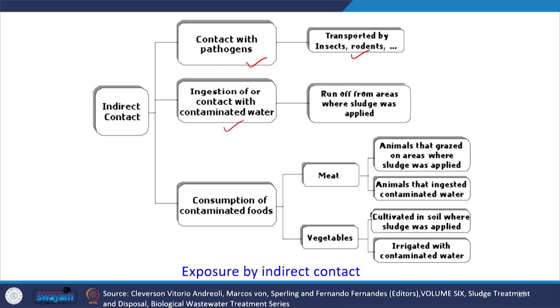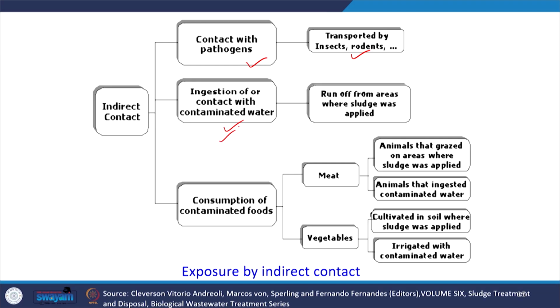Then ingestion of or contact with contaminated water. So, runoff from areas, so if sludge is applied to some soil and rain happens or some water is getting leached, runoff may also be there. So, if runoff goes into any aquatic system, be it river, lake, reservoir, etc., and if you are using water from there, then this will fall into the category of indirect contact.